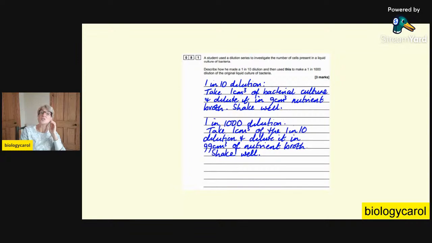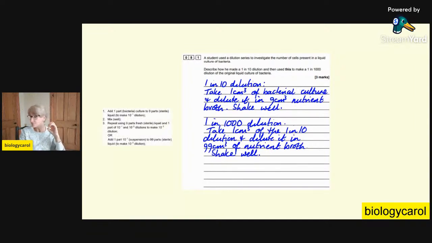For a 1 in 1,000 dilution, take 1 centimetre cubed of the 1 in 10 dilution and dilute it in 99 centimetres cubed of nutrient broth. We're now making that 1 in 100 dilution. And 1 in 10 times 1 in 100 is 1 in 1,000.